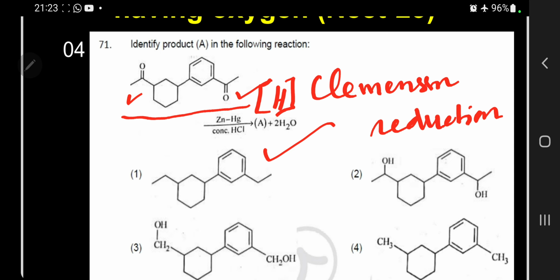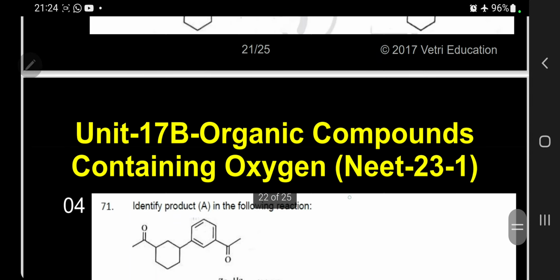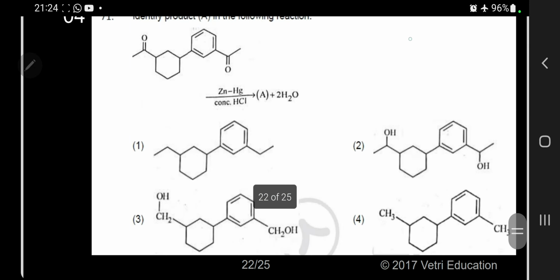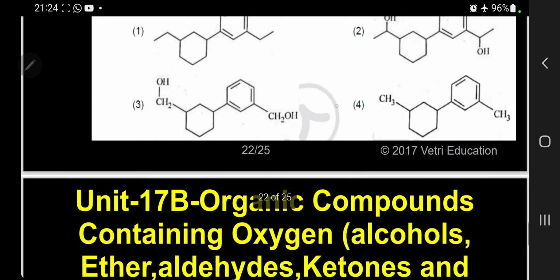This is the most important carbon. That means ethylbenzene, the cyclohexane ethyl. Because this OH is going out, the remaining two carbons will form in the form of an ethyl group. So this is the most probable answer. So options 1, 2, 3, 4 are given. So this is the correct one. Let us verify from the answer. So 23, 1. So according to this, it is the correct answer. Okay, next one.